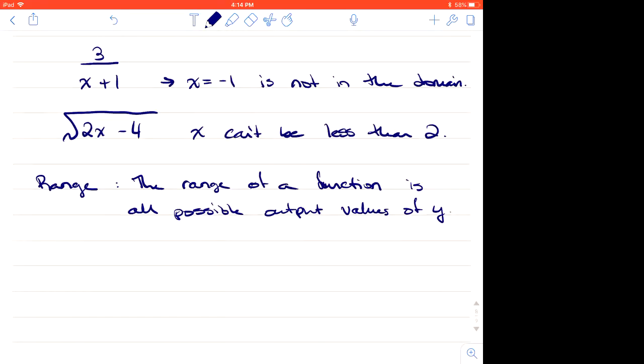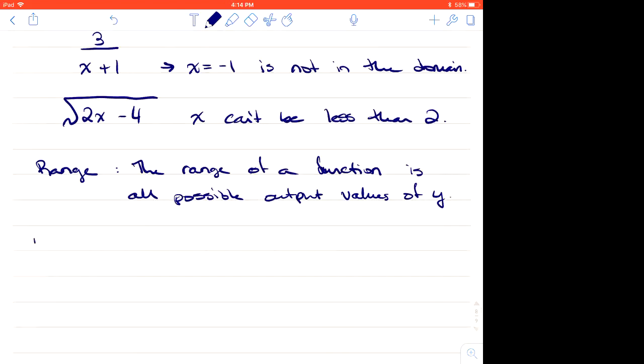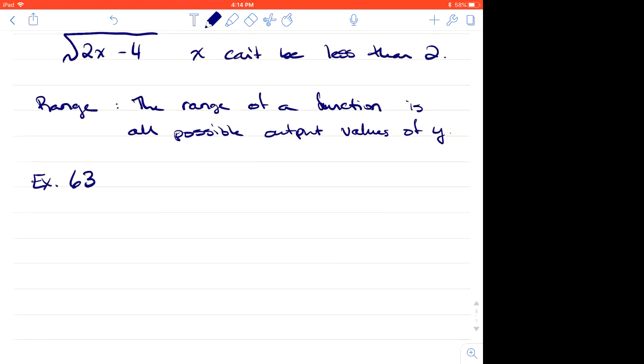So those are the only examples that we're doing for the domain and range. Let's do a random example, just dealing with functions again. A little bit different. In this one, we're going to come back to in chapter 3, okay?